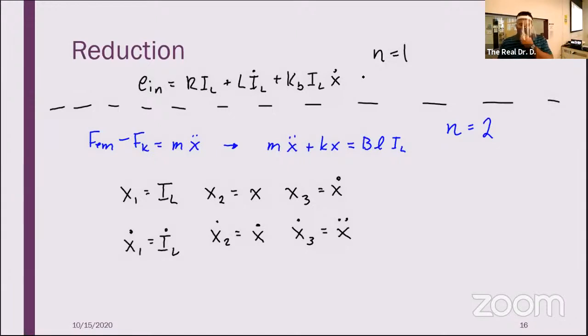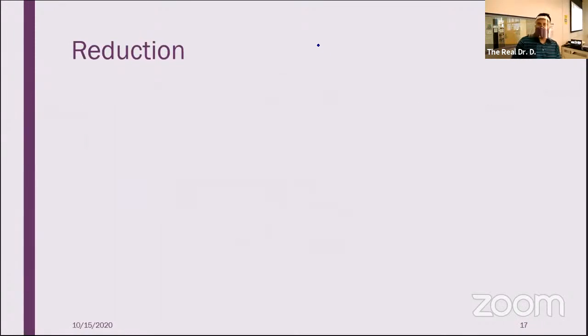Cool. So before I go to the next slide, because I don't want to have to come back, we'll just do it on the next one. We're going to have to solve both of these equations for our highest order differential now. That's the next step. So we take our circuit. We had E in is equal to R I L plus L I dot L plus K I L X dot. Okay.